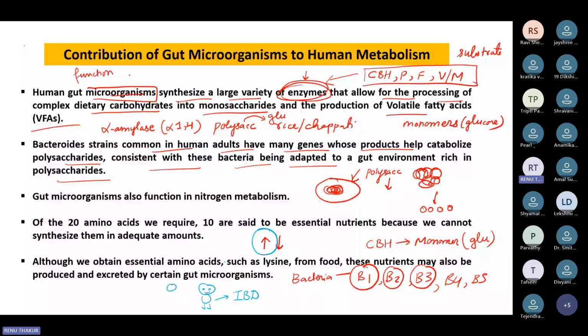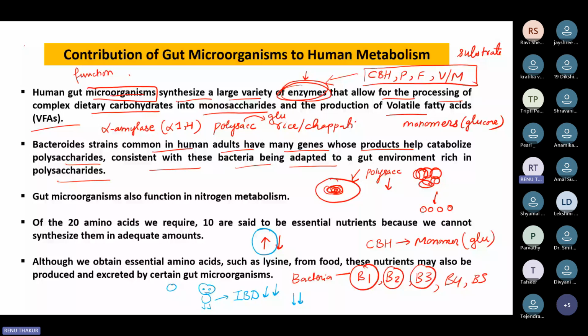That is why this person is not able to properly digest the food, and therefore its energy will be low. So this is the principle behind this. We need microorganism to digest our food, to release energy from the complex polymer we are ingesting.